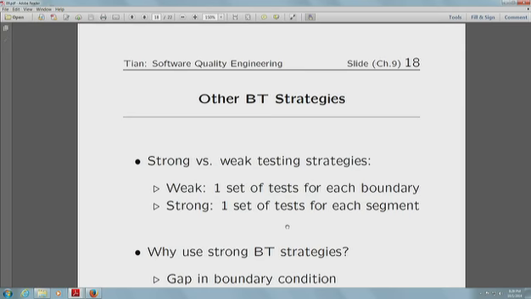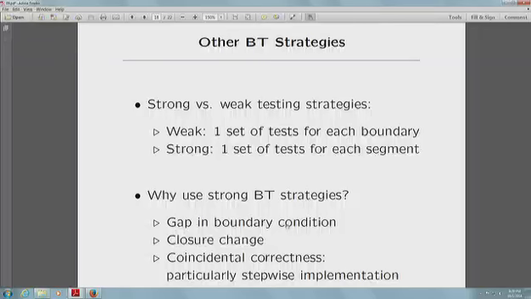Okay. There is a little bit of discussion about other BT strategies, boundary testing strategies. We call all those weak strategies because we just have one set of points for each boundary. But sometimes the boundary between the two domains may be very complicated, and may have some inconsistent closures, may have gaps in the boundary and things like that.